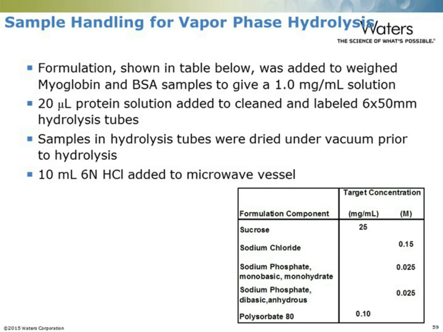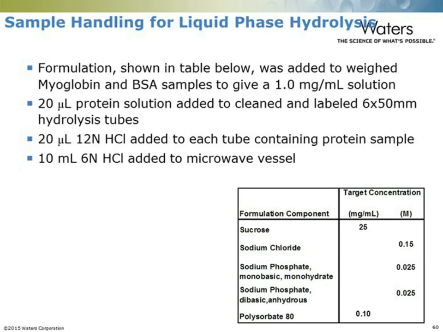All of these things have the potential to interfere with the amino acid analysis. We tested this with myoglobin and BSA so that we would have well-characterized proteins. We cleaned the vessels and did the vapor phase and liquid phase hydrolysis of the formulation.